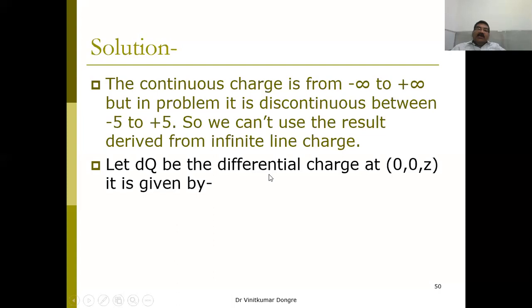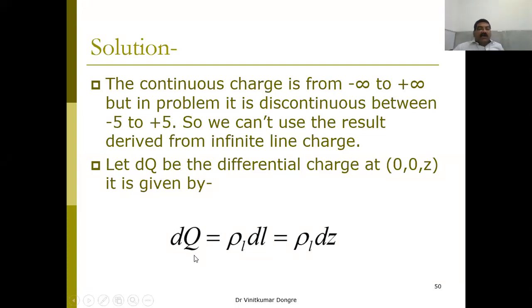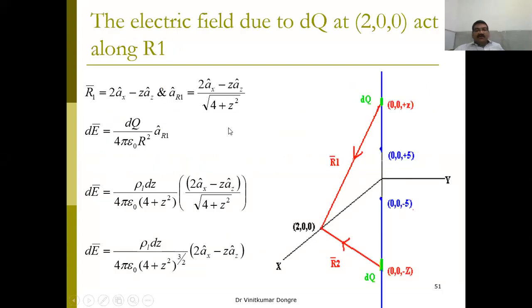Let dq be the differential charge at 0, 0, z, and it is given by dq. The derivation starts with this assumption. This number may be anything in any other problem. So dq equals rho l dl, that is rho l dz. Now here is the diagram.